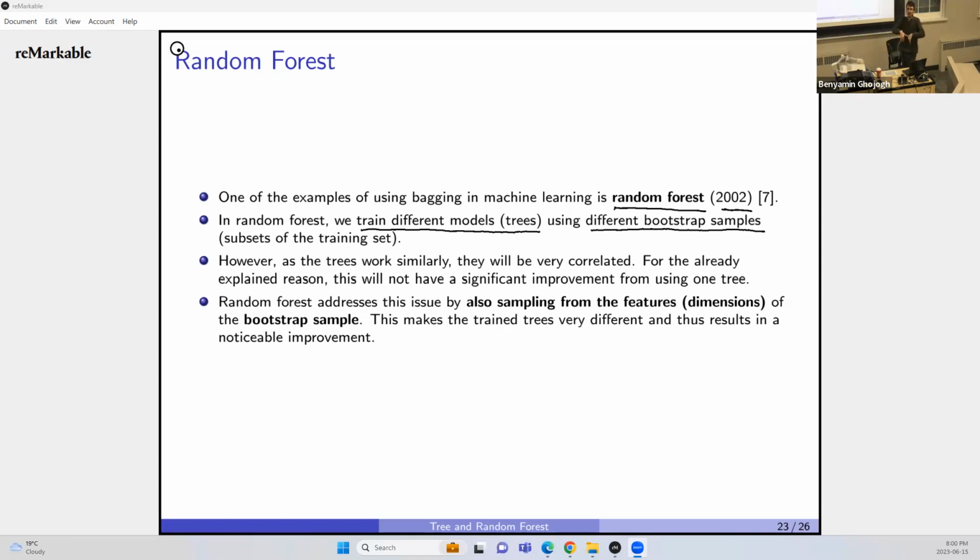Otherwise, a random forest will be similar to one tree. If all of the trees are similar, why do you need several trees? Just use one tree, right? So it also samples from the features in addition to sampling from the data points. This is the idea of random forest.